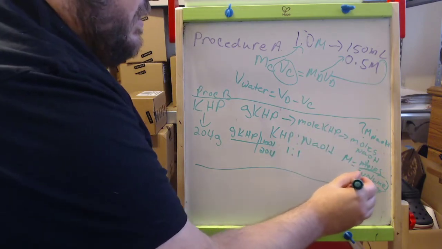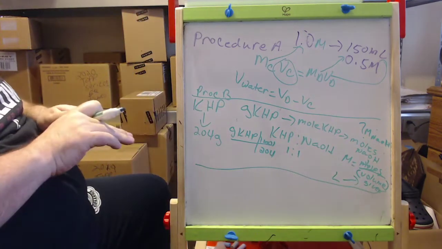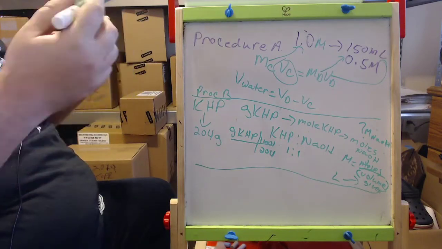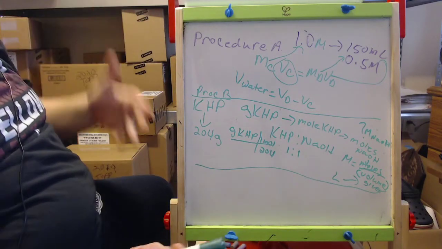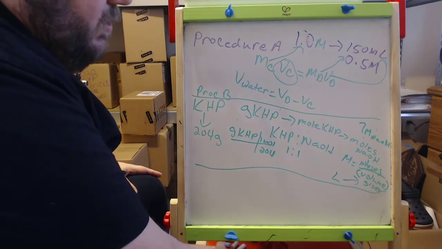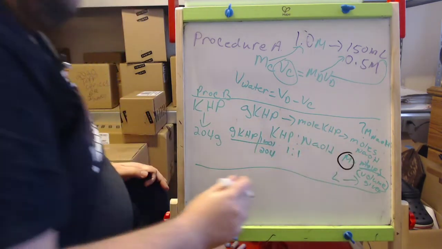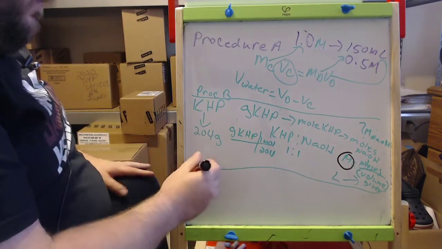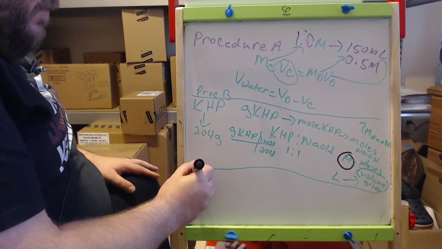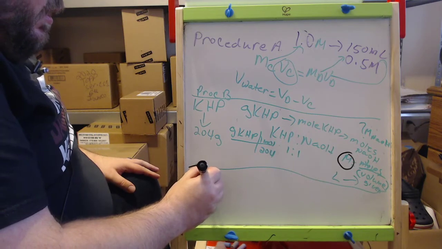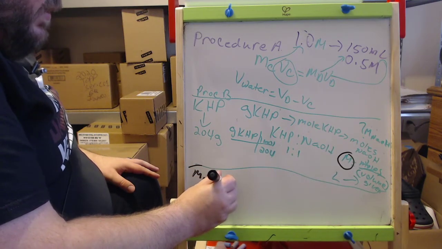I tell you how much. In lab, you would have looked at your burette and said, this is how much I added. Now we have this new concentration, this confirmed concentration. So we have our new molarity of NaOH, whatever that equals.